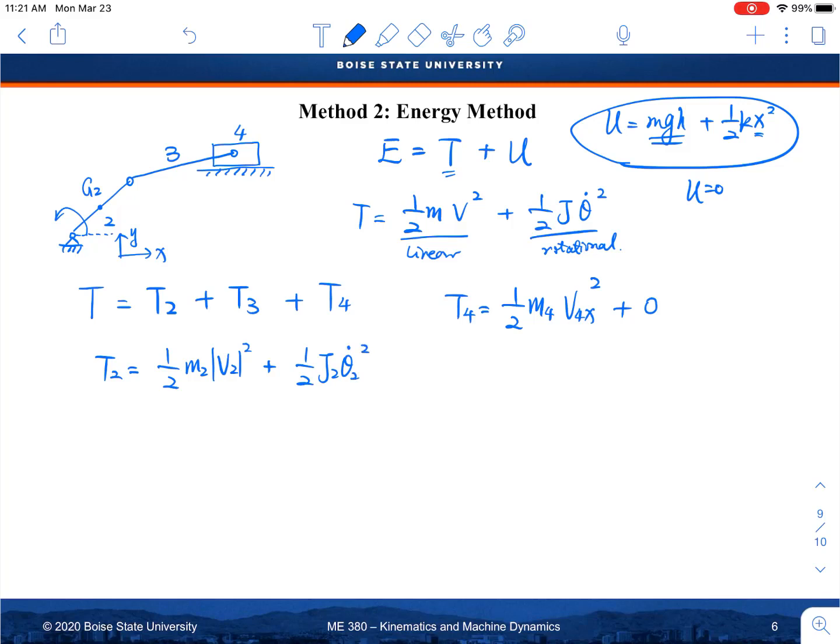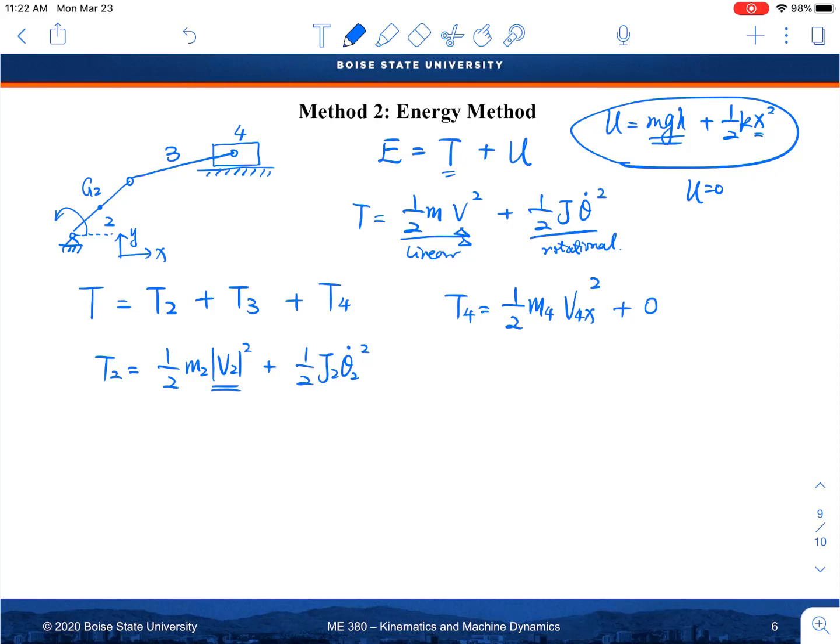Here you can see that I make a very slight change. Here we only have v4x squared, but here I add an absolute value for v2. That's because when you calculate your linear kinetic energy, the v inside the expression is actually the amplitude of your velocity.